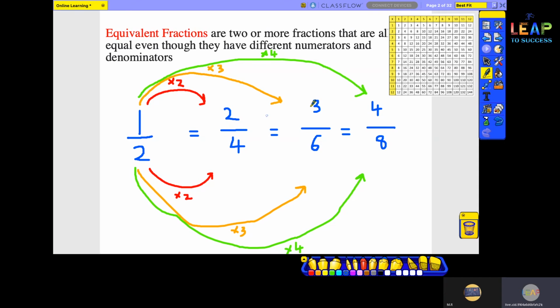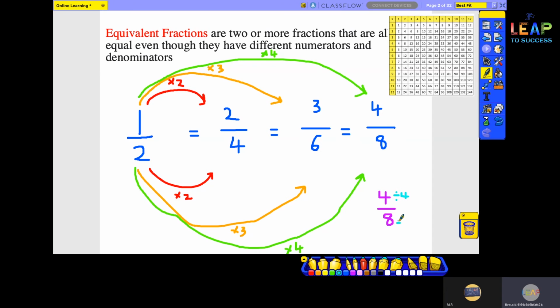So all of these fractions mean the same thing. They're all equivalent. Just to put that into practice, for example, if we had 4 over 8, and we had to simplify this fraction, remember, when you simplify, you need to divide by the same number on the top and bottom. So you're dividing by a number that fits into both of these. Often you can say divide by 2 because they're both even numbers, but if you have progressed a little further, you can see that they both go into the 4 times table.